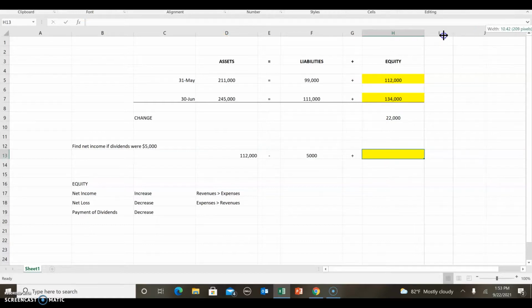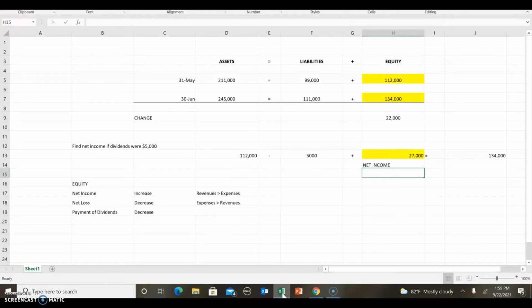And that will have to bring me to my new value, which we know is 134,000. Okay, so 112,000 minus 5,000 gives us 107,000.